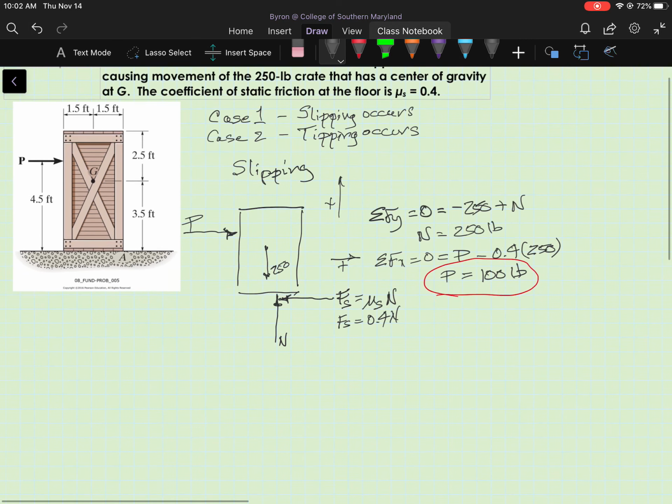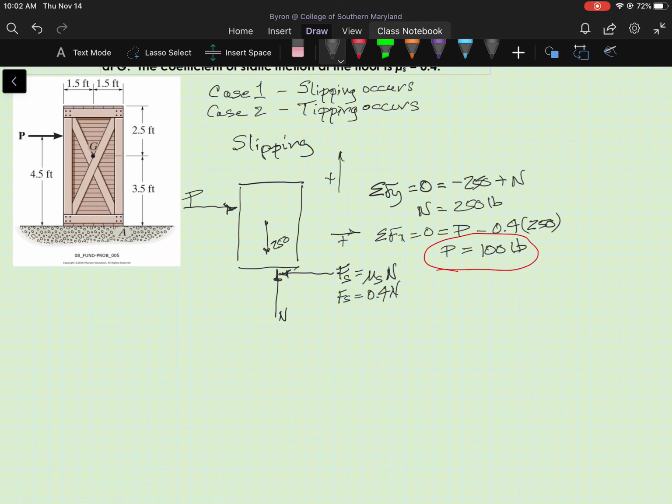Now let's do the tipping case. Draw another free body diagram for tipping. I'm going to need some dimensions on this one.